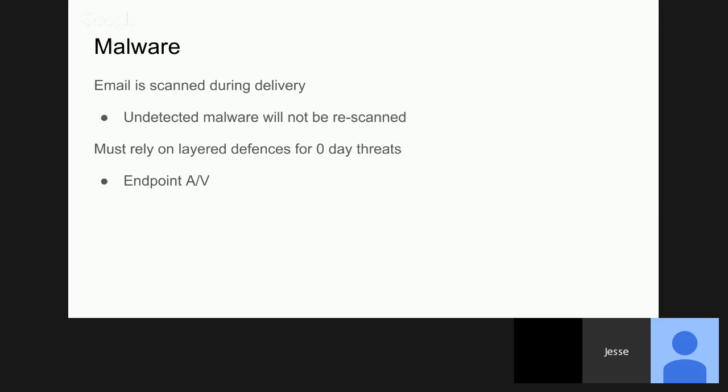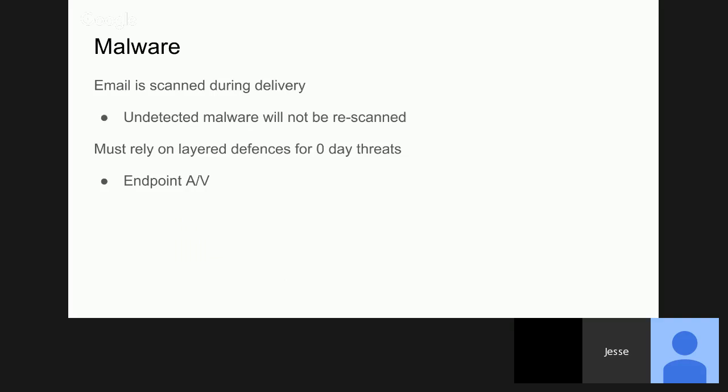Malware is very similar. We obviously only scan messages during delivery if the message is detected. If a signature for a Trojan is pushed out 5 minutes after the message is delivered, it's already in your inbox. It's not going to get rescanned again.